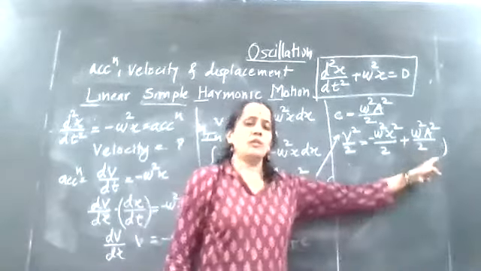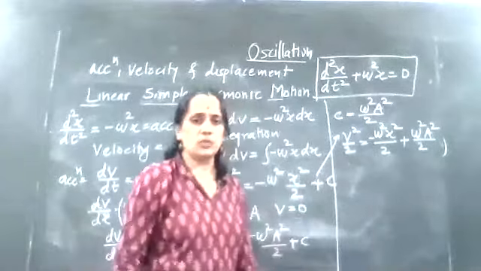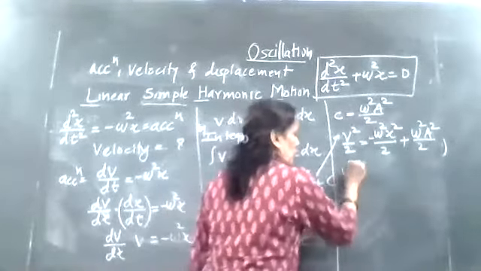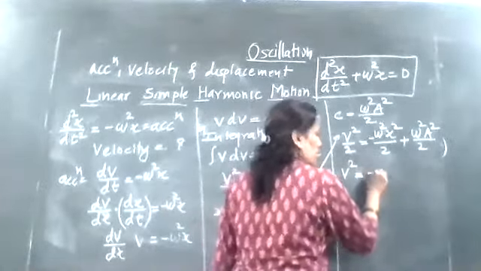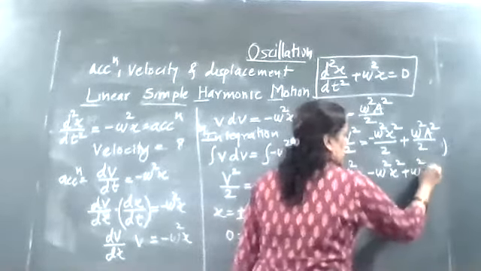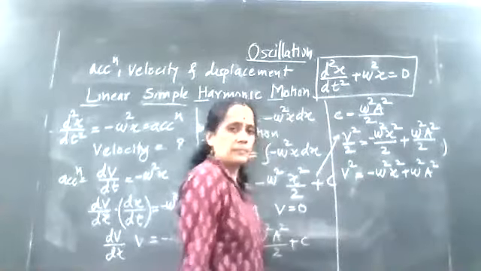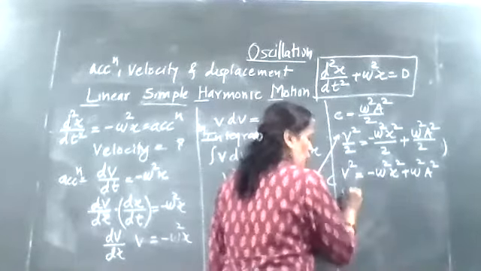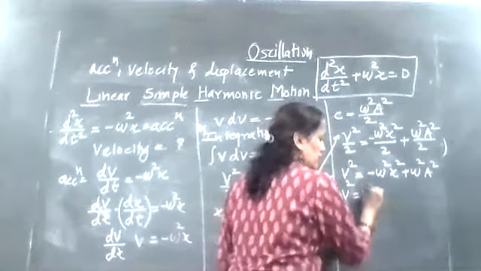The factor of two occurs on both the left and right hand sides, so the two will get cancelled. So v square is equal to minus omega square x square plus omega square a square. On the right hand side, omega square is a common term.